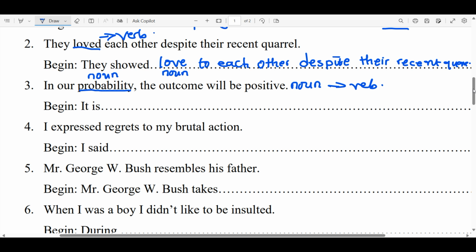So what is the other form of the word probability? We use probable. So I'm going to say it is probable that the outcome will be positive.